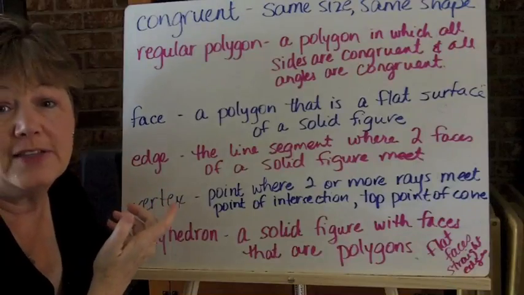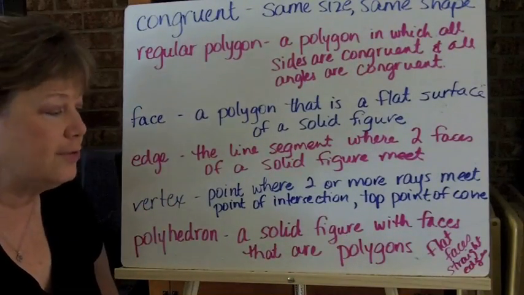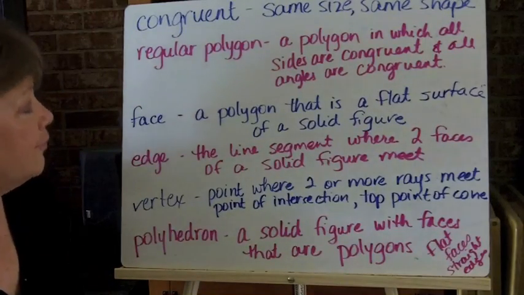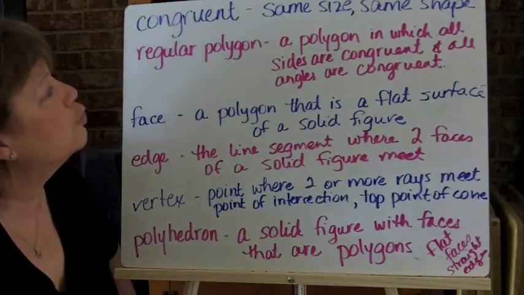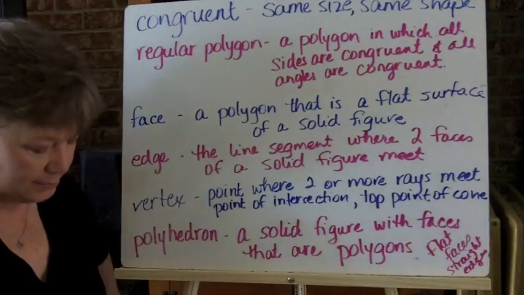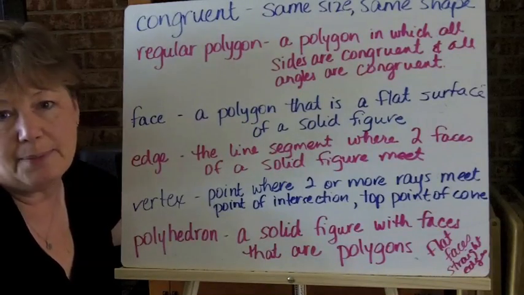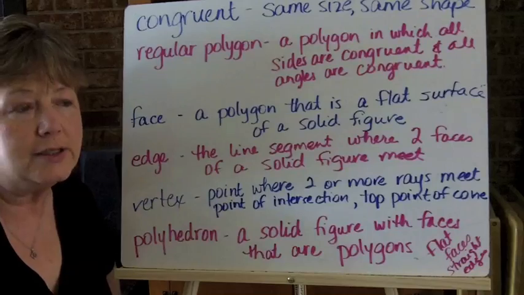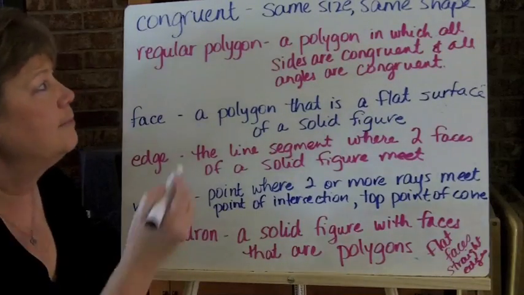So another part of this lesson, I want to show you some important vocabulary words, either to learn or to refresh your memory. The first vocabulary word I want to share with you is the word congruent. Congruent means the same size and the same shape. So when we're saying something's congruent, it could lay right on top of the other and cover it.